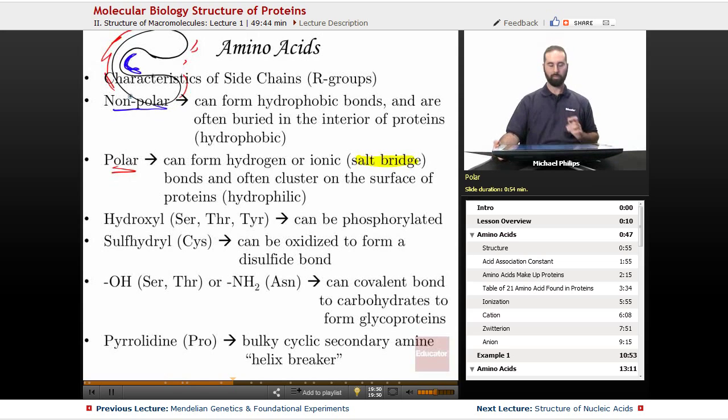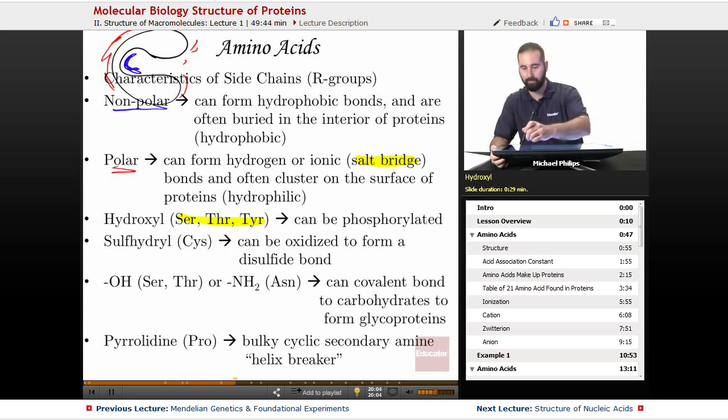Right? Now, if we get a little more specific, we can look at the hydroxyl groups on our serine, threonine, and tyrosine amino acids. They can be phosphorylated, meaning they can get a phosphate group attached.